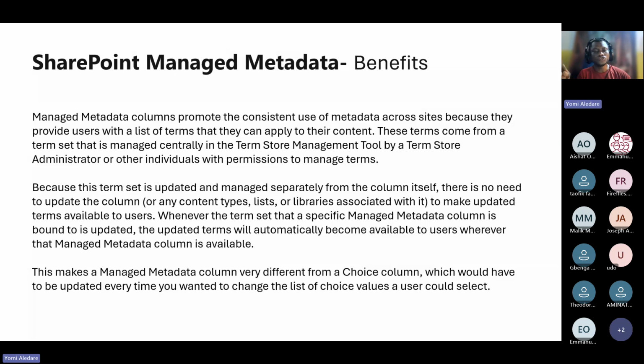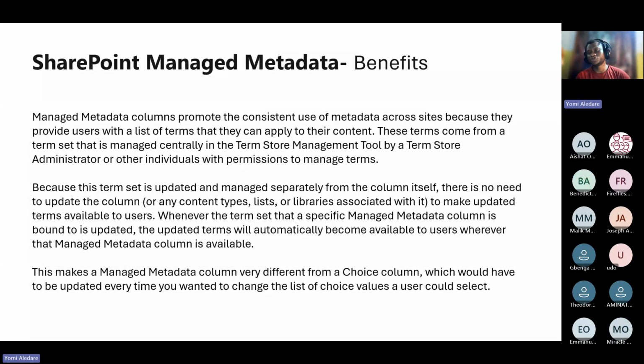Just update those new states in the term set that is connected to the metadata, and you'll be able to see the new state in the column without having to make any change. So this is one thing that makes a choice column different from a managed metadata.